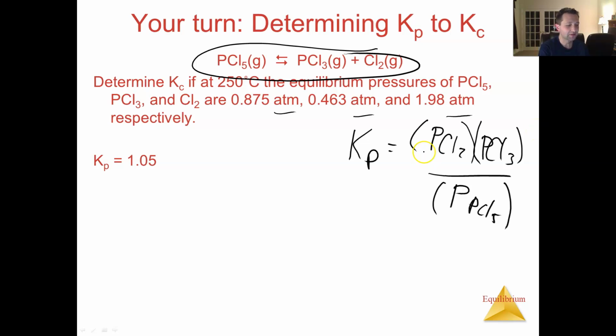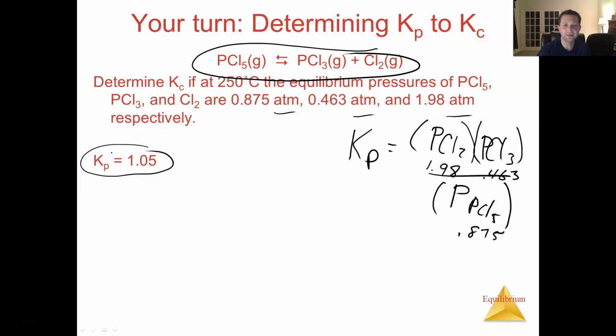The pressure of Cl2 was 1.98 times the pressure of PCl3, which is 0.463, divided by the pressure of PCl5, which was 0.875. Okay, 1.98 times 0.463 over 0.875 gives you a Kp value of 1.05.